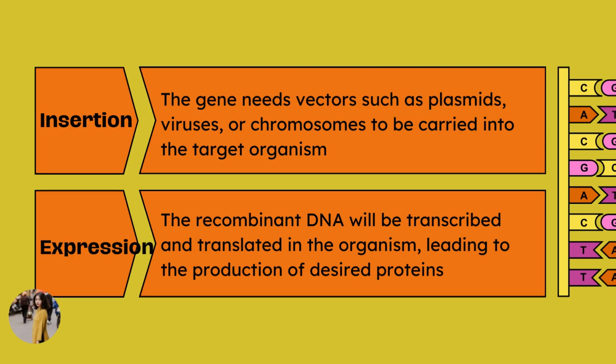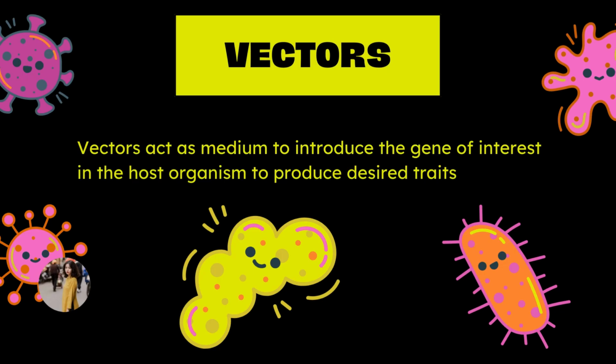For insertion, the gene needs vectors such as plasmids, viruses, or artificial chromosomes to be carried into the target organism. And expression is the last stage of the process, when the recombinant DNA will be transcribed and translated in the organism, leading to the production of the desired proteins.